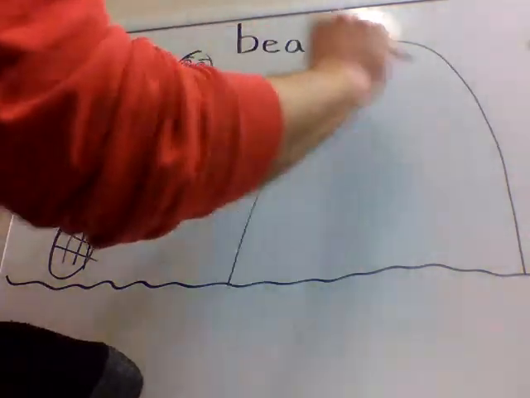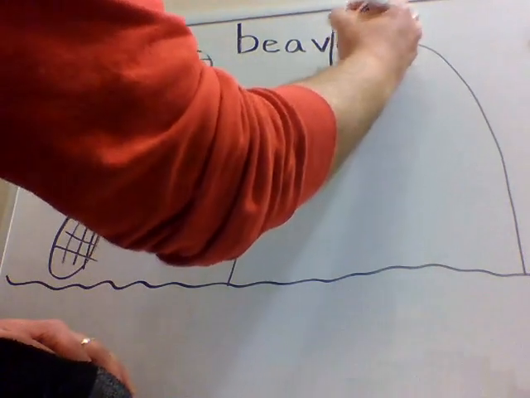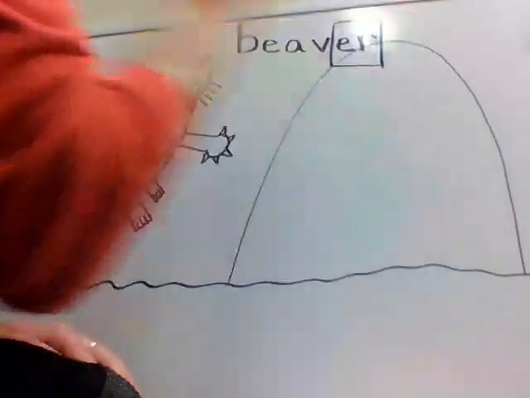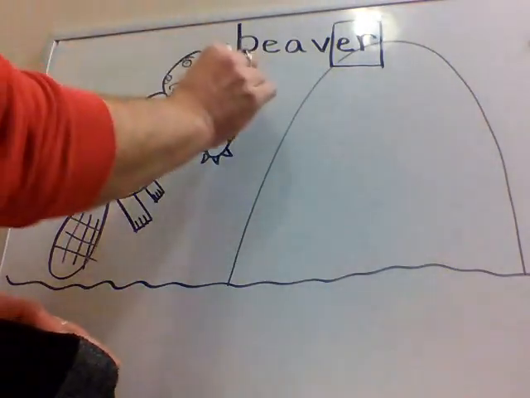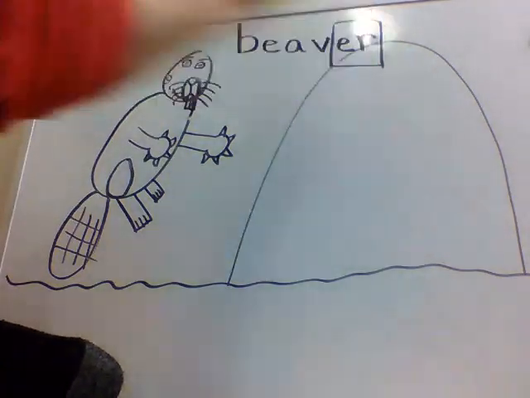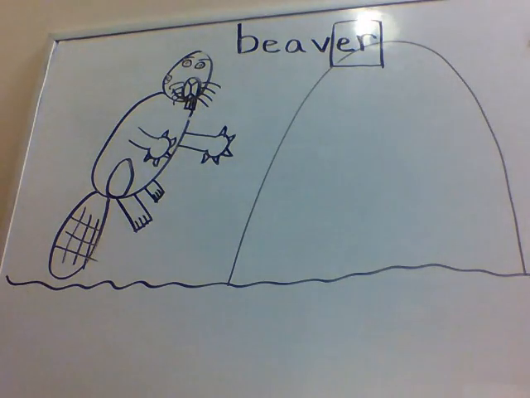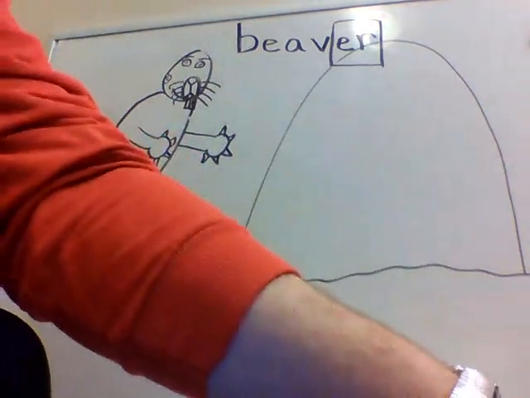And now beaver is going to be our keyword to help us remember ER together saying like it does at the end of beaver. So box that in. Okay. And this is where we commonly have ER at the end of a word.